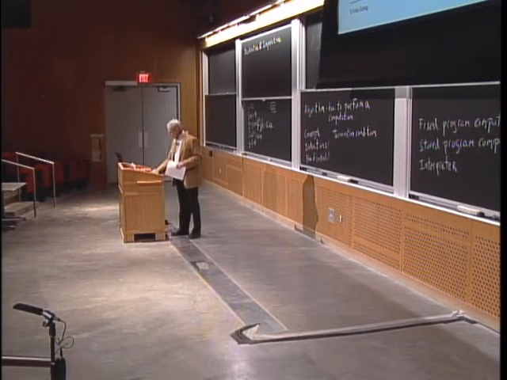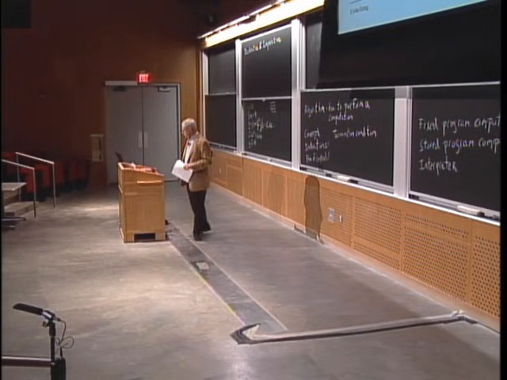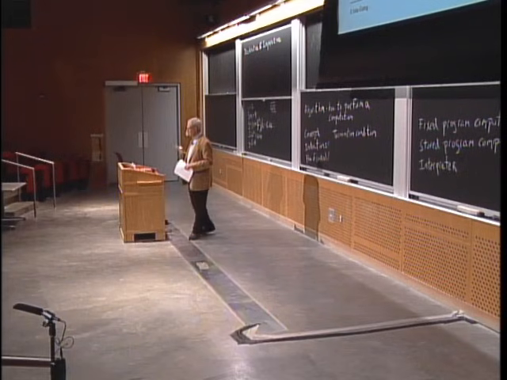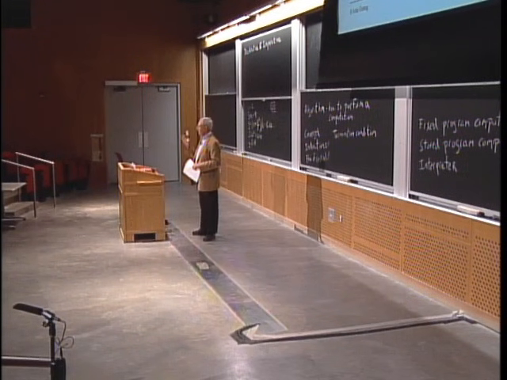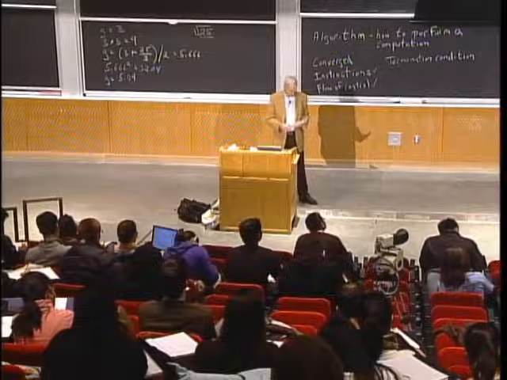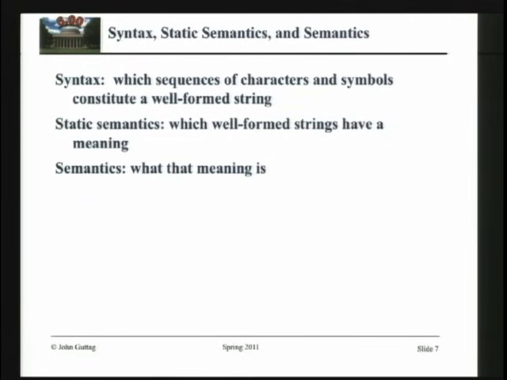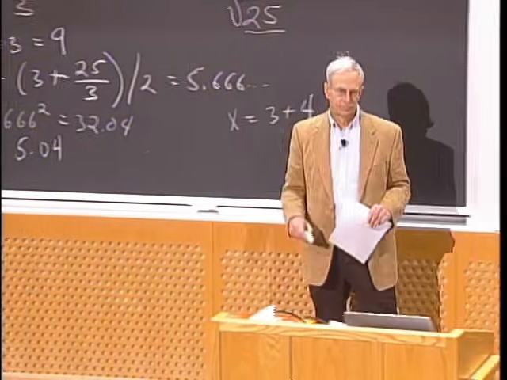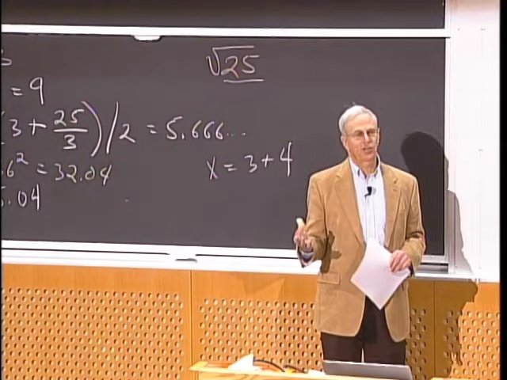All right. So the syntax tells us which sequences of characters and symbols constitute a well-formed string. So it would tell us maybe that we could write something like x equals 3 plus 4, and that's syntactically correct.